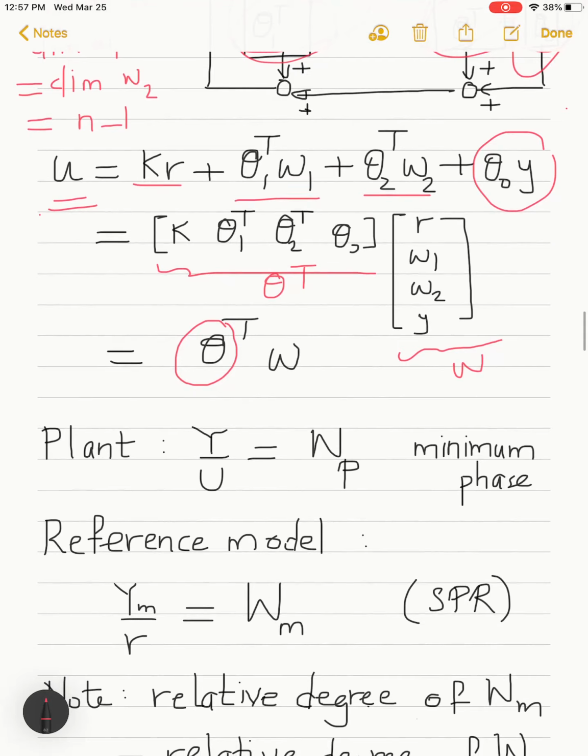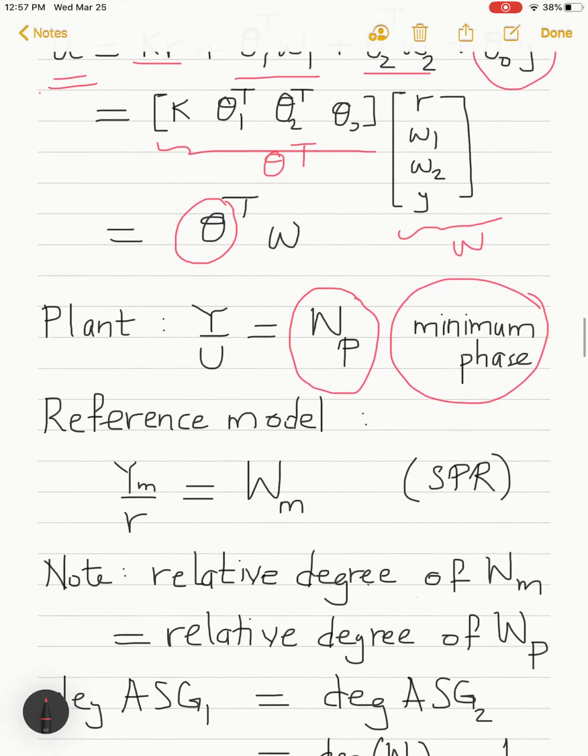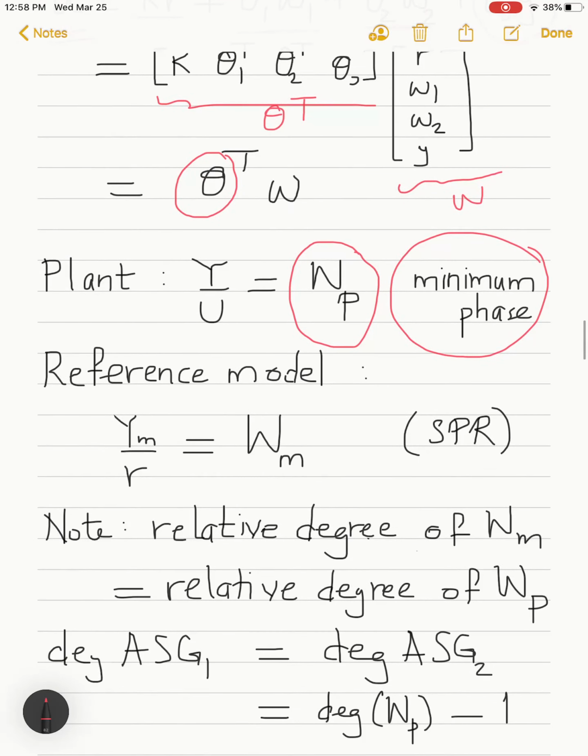I'm going to assume that the plant is minimum phase, and we are going to give the transfer function of the plant the symbol WP, while the reference model I'm going to refer to by a transfer function WM, and I'm assuming that transfer function to be strictly positive real, and that means that the difference between the number of poles and zeros should be either 1 or 0.